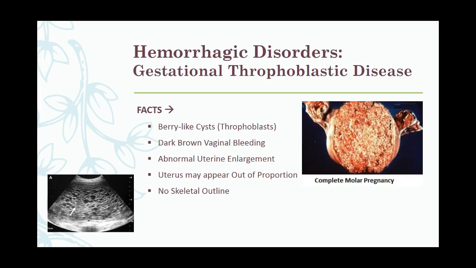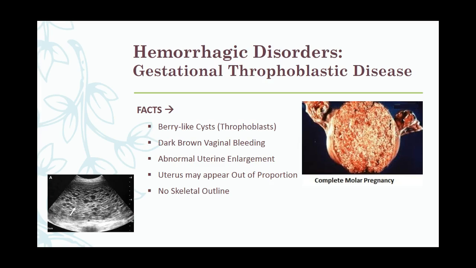And you can see in this picture here all these little grape-like vesicles, and that's what a gestational trophoblastic diseased uterus looks like. So we have these berry-like cysts, or they're called trophoblasts.